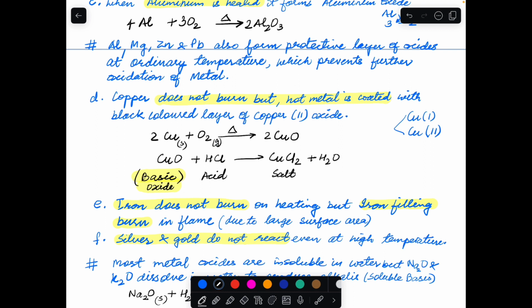In subscript we show the physical state, and copper oxide is also a black colored solid. This black solid, when treated with HCl, mostly dilute HCl, that is aqueous, gives a salt, CuCl2, and water. So the second reaction is proof that metal oxides are basic oxides, because they react with acid to give salt, just like bases react with acid to give salt.